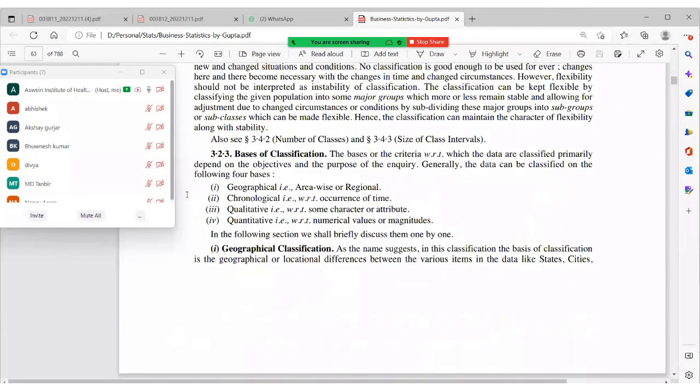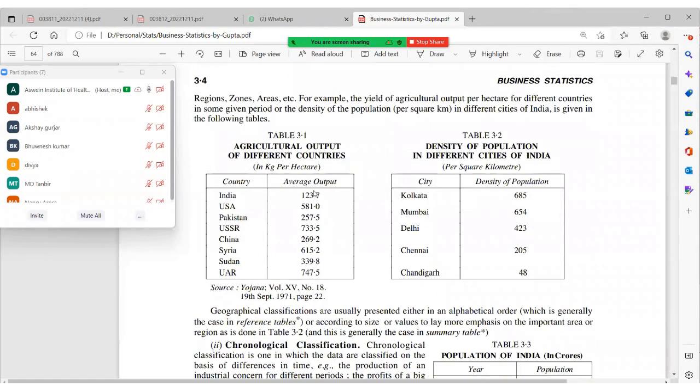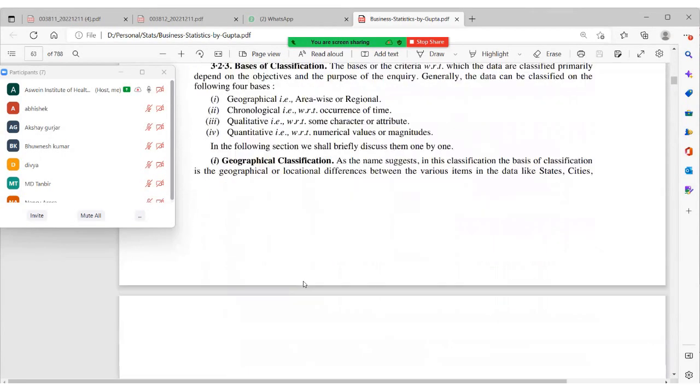Now, this is classification on the basis of criteria. The data are classified according to the objective and the purpose. For example, geographical, area-wise, chronological, qualitative, quantitative. This is an example of geographical classification, right?